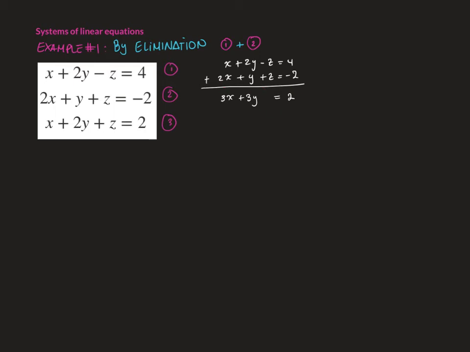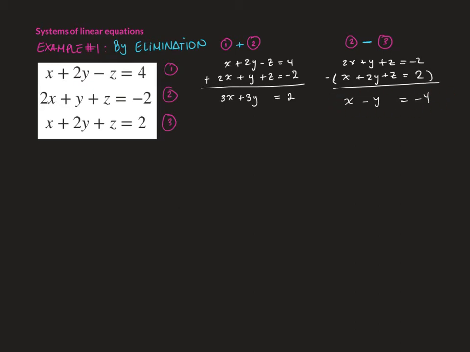Now I'm going to do the same with equation 2 and equation 3. And I see that z has the exact same coefficient with same sign. So what I want to do is eliminate it by taking the difference. And what we get is another equation in x and y.